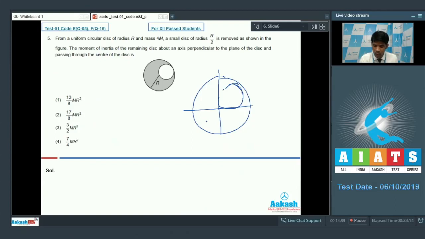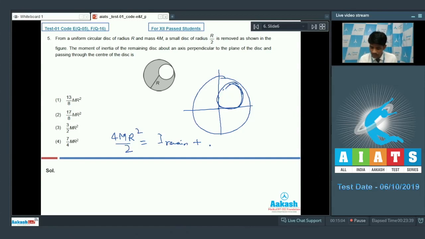Original moment of inertia about this point, we know it will be total mass into r square by 2. So I would say 4m into r square by 2 would have been the total moment of inertia of the whole portion here. So the moment of inertia of the remaining portion must be the total minus the moment of inertia of this much part.